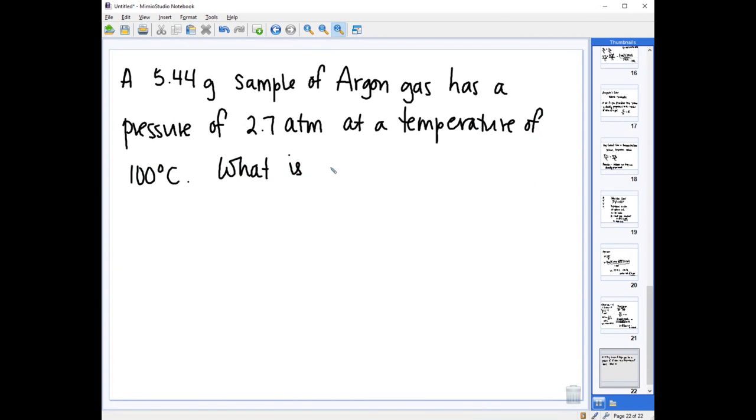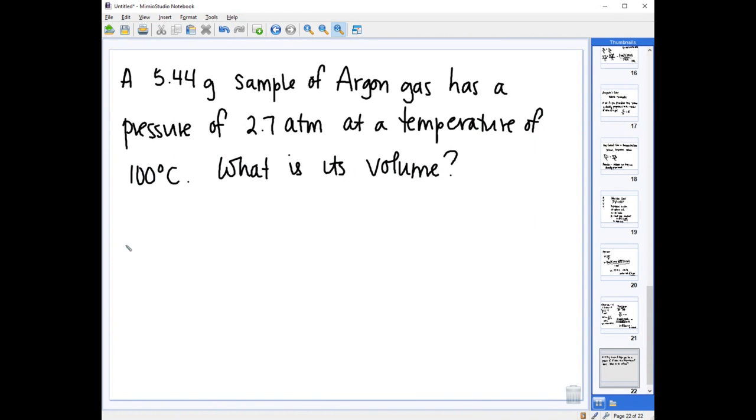What is its volume? Okay. So a 5.44 gram sample of argon gas has a pressure of 2.7 atmospheres at a temperature of 100 degrees Celsius. What is its volume?